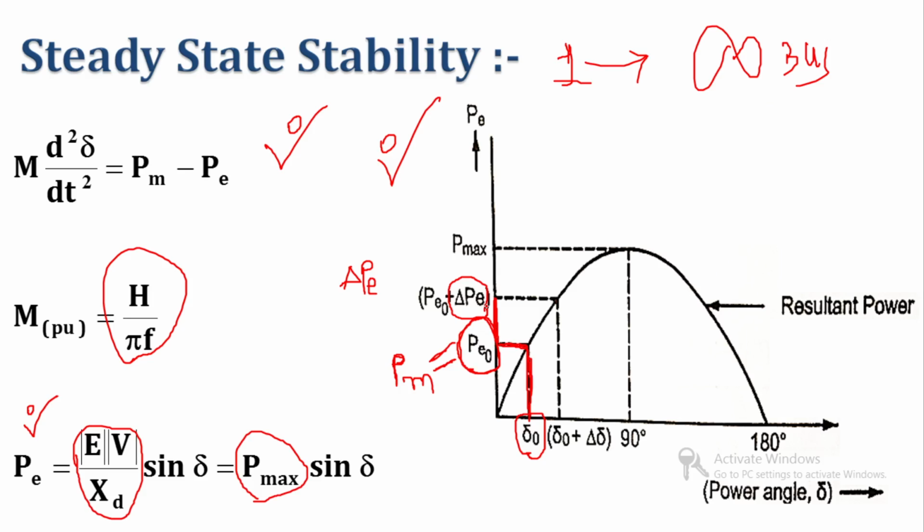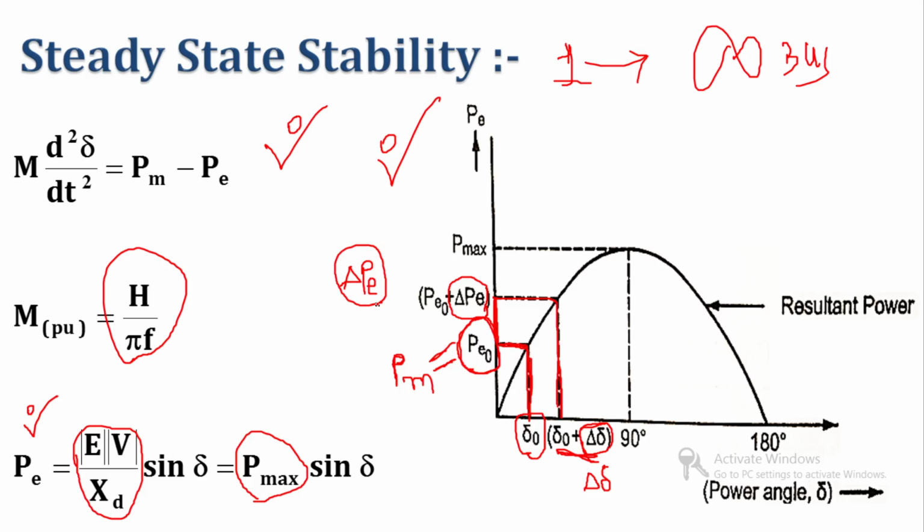That increment in power will cause a change in load angle by delta delta. Clear? Due to that increment in power, the angle will change from delta 0 to delta 0 plus delta delta. This delta delta is the change in angle due to the change in electrical power.